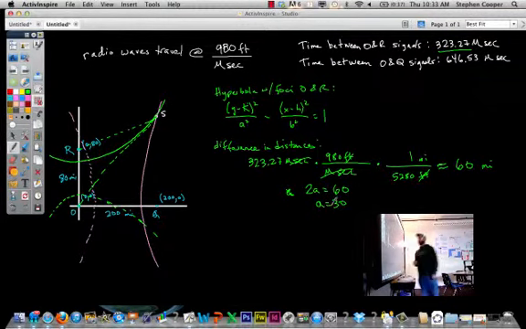Now, if you're looking at the picture and you're trying to figure out the other relevant information, well, the center is going to be halfway between the two foci, right? So we have a focus here at the origin, and we have a focus here at 0, 80. So that means that the center then is going to be at 0, 40. And a is 30, we've got the center, we need b to finish out the regular equation here, right?